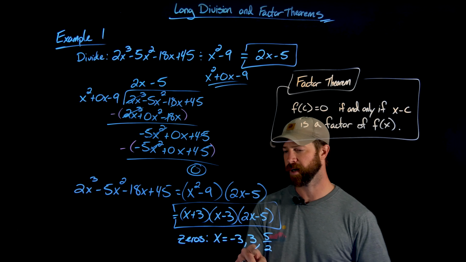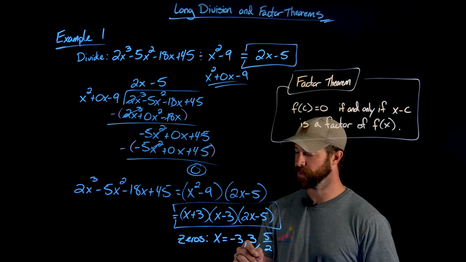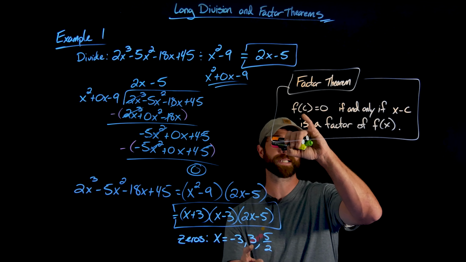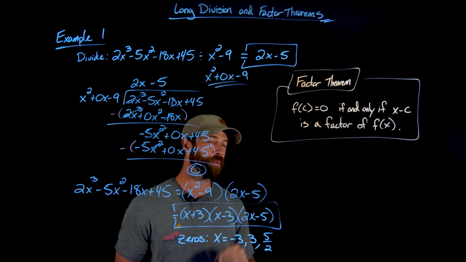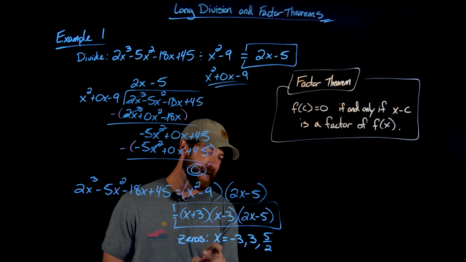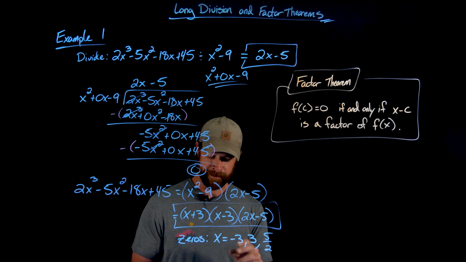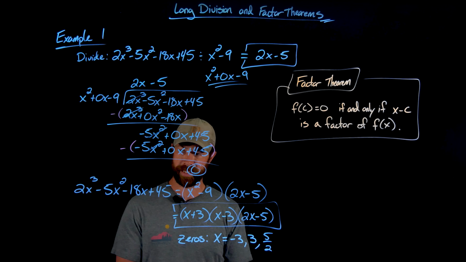It would also follow then that since x minus 3 is a factor, then 3 is a 0, where c plays the role in these cases. The only one that feels a little weird here is that we have x equals 5/2 as a 0, but I don't see that as a factor. And I just want to rewrite this just to make sure this is incredibly clear right here.